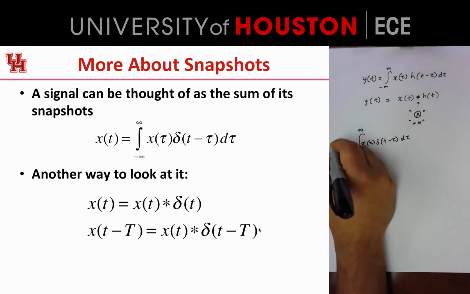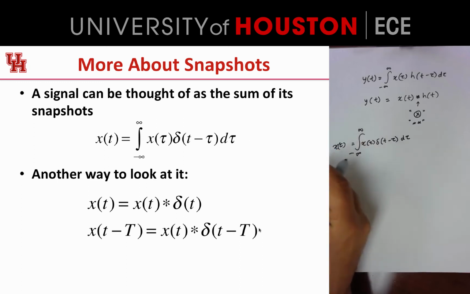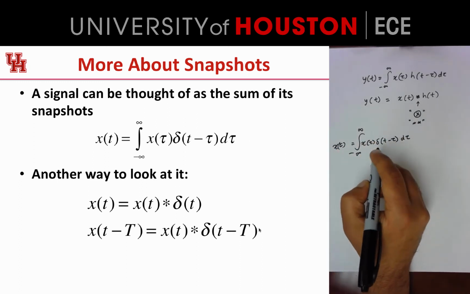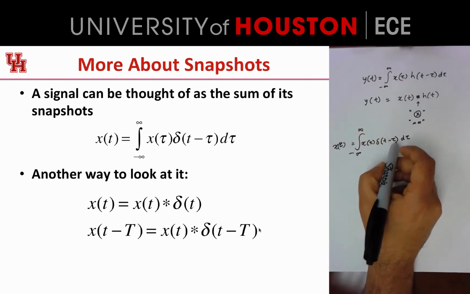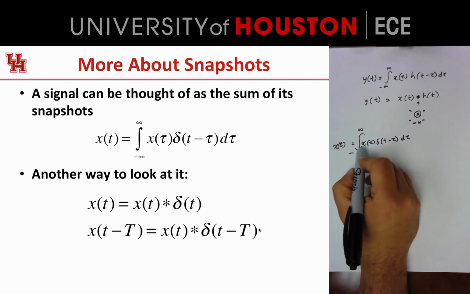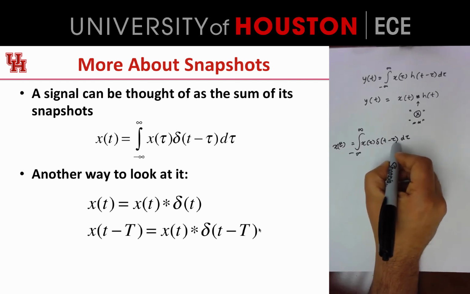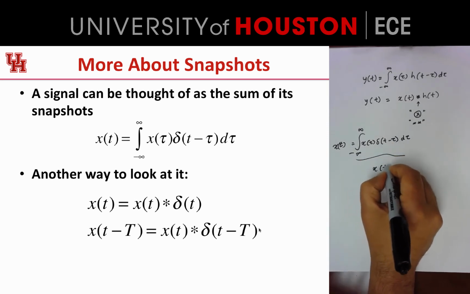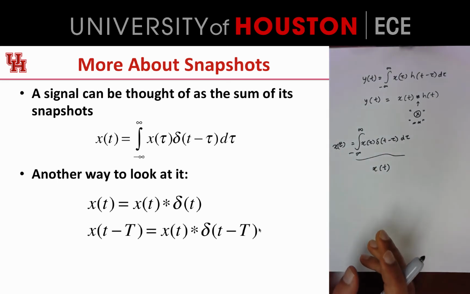I just get x of t. This is another way to capture the same idea. Another way to look at the same thing is to say that anything the delta function multiplies is blanked out except when t equals tau. So if you apply that, the right-hand side also boils down to x of t. I'm trying to give you a variety of ways to think about the same exact thing.